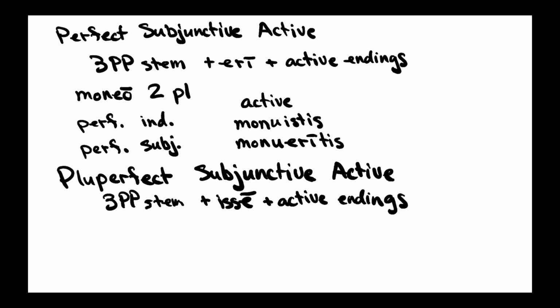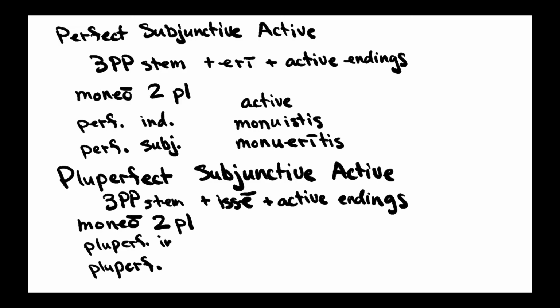So let's do moneo again. Second person plural. Indicative and subjunctive for comparison, and of course only in the active voice.